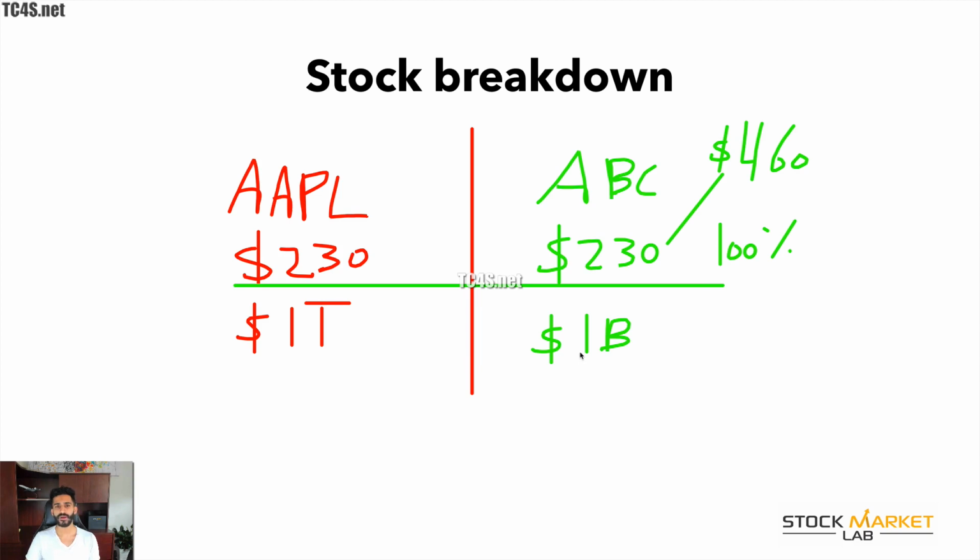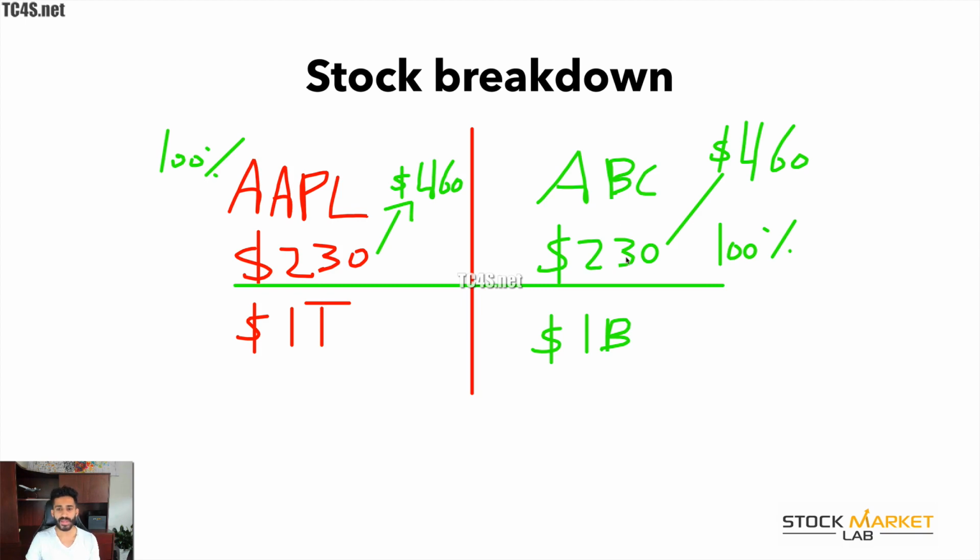The reason we care about the bottom part is, think about this, guys. I want you to think about it for a second. If stock ABC goes up 100%, yes, the stock price went from $230 to $460. Now, if Apple goes up 100% too, Apple is going from $230 to $460, right? Everything here looks the same. But what's not the same is the market cap.